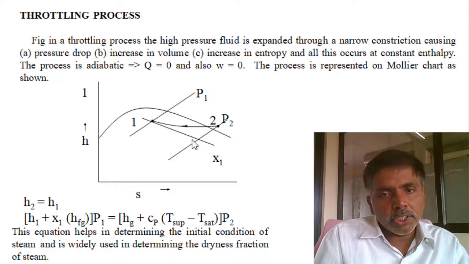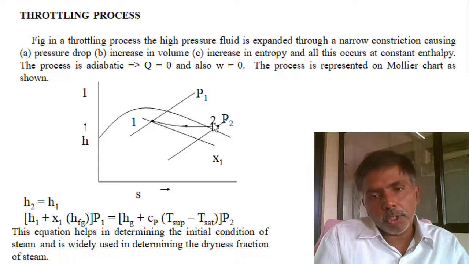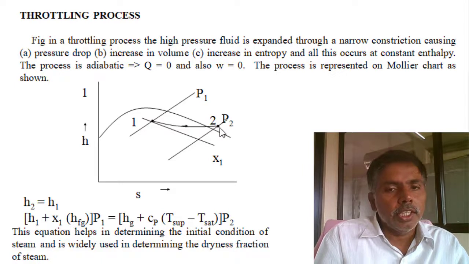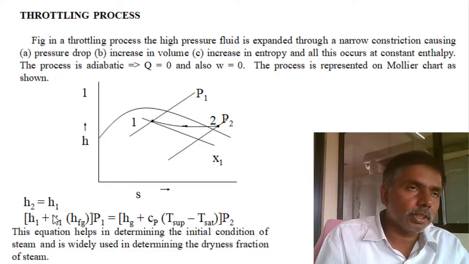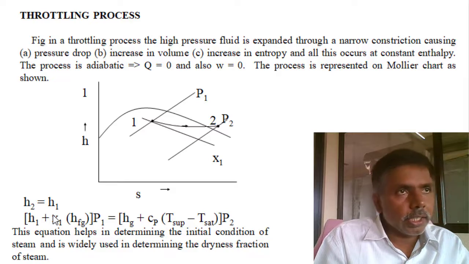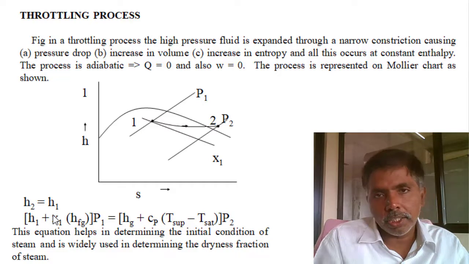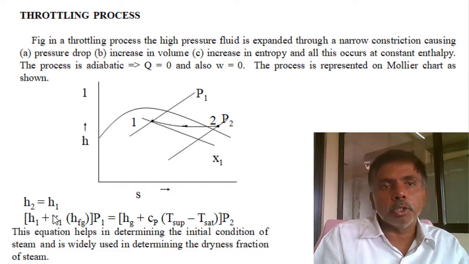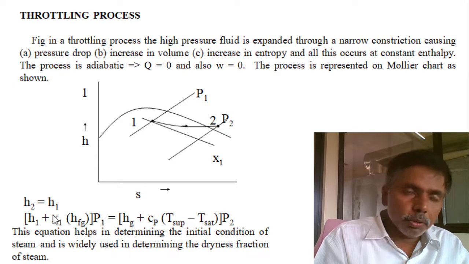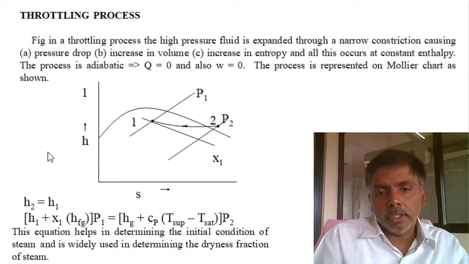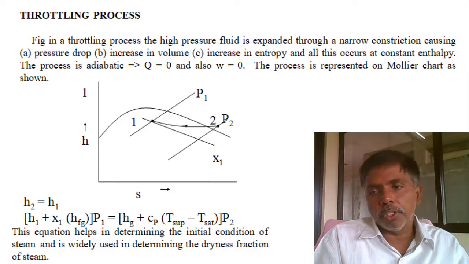If it is below the saturation curve, it is the wet region. Above the saturation curve, superheated region. Then you mark the points and determine the conditions. Condition of the steam: two methods. By using general calculation with steam tables, you can calculate the condition of the steam after throttling, or you can use the Mollier diagram directly. We'll solve some problems, then you will get a clear idea.